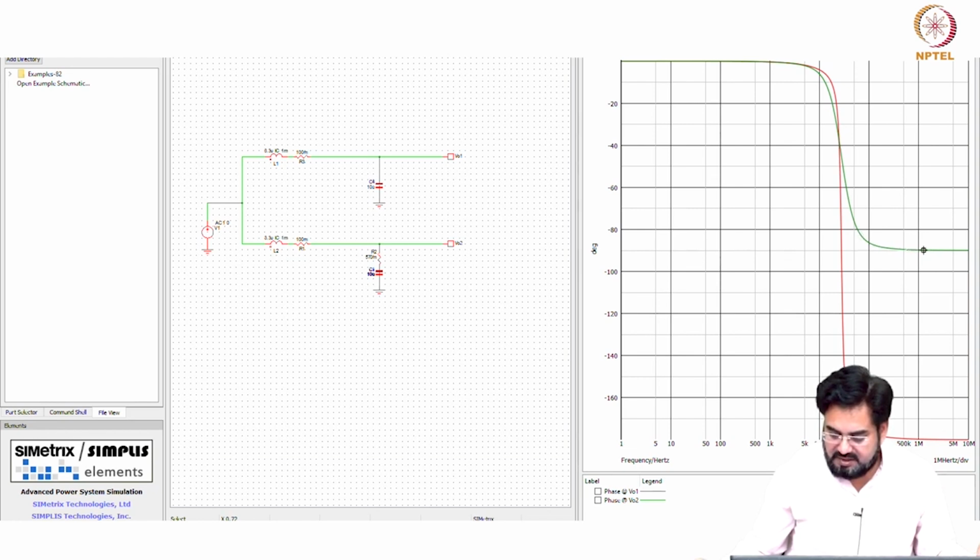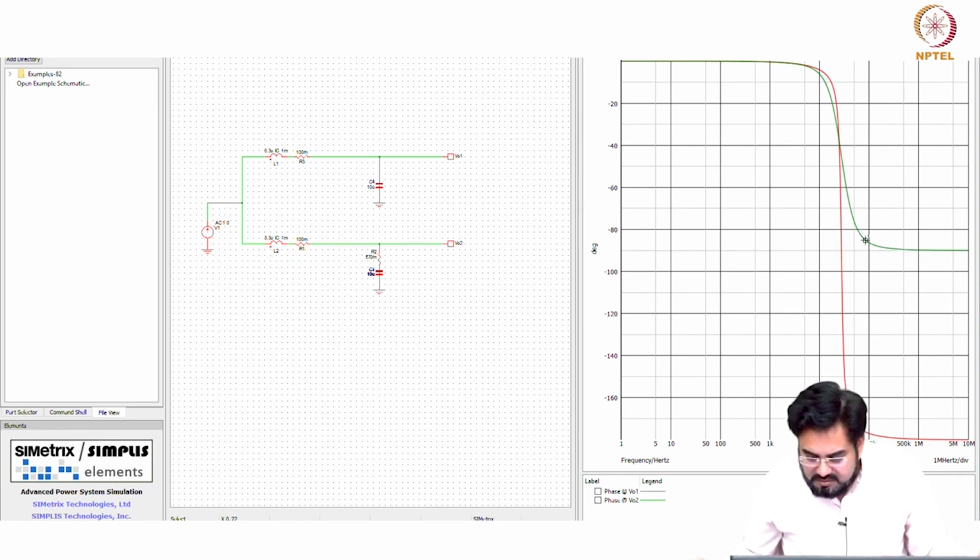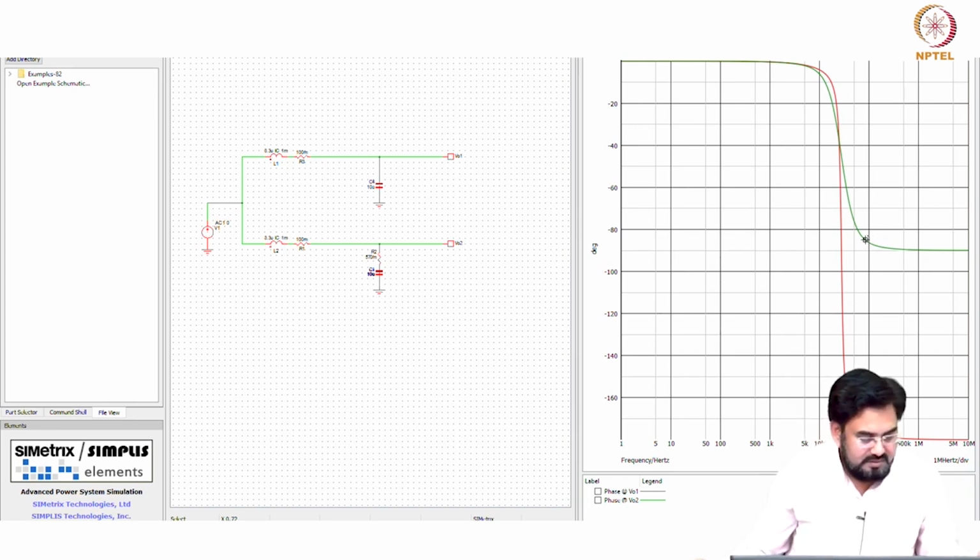It's going to minus 90 here. So your 0 is now dominant here, and it never allows this to go below minus 90.